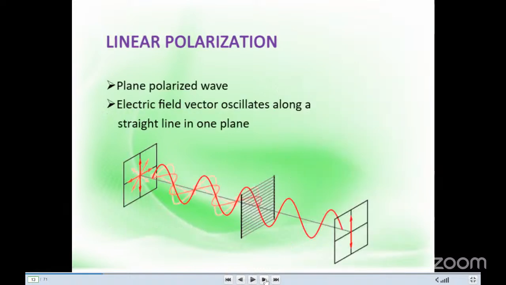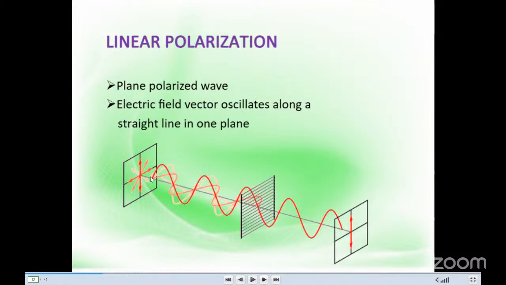In linear polarization, a plane polarized wave is to be considered. Electric field vectors which are oscillating along a straight line in one plane are nothing but a plane polarized wave. That is related to the linear polarization.